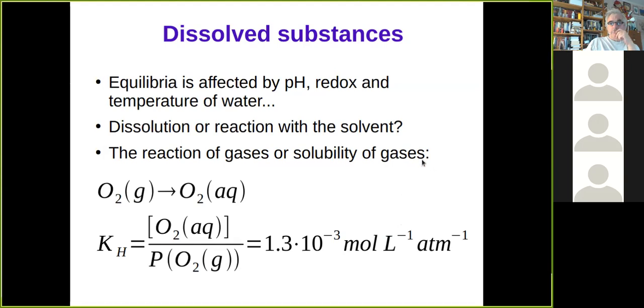Let's dwell on the dissolution of some important substances. For example, oxygen gas is possible to dissolve in water to get an aqueous solution of oxygen. Whether it is a dissolution or a reaction with the solvent is an open question in a way. Is the left-hand side here the same compound as the right-hand side?